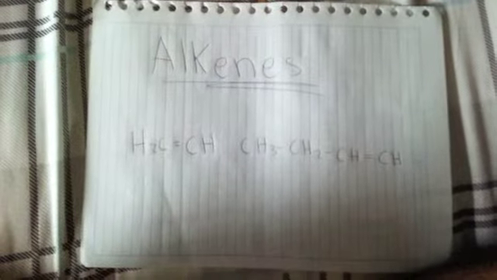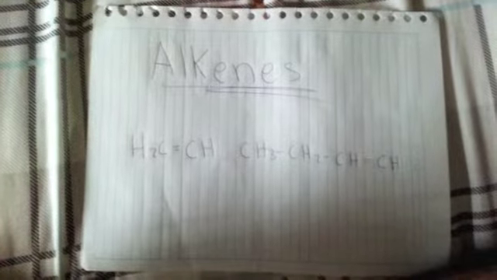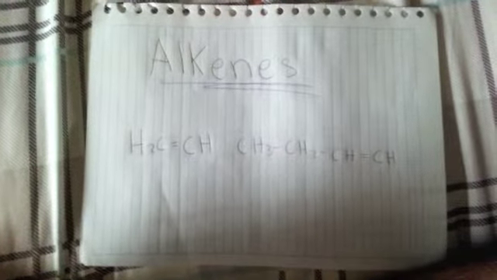Alkenes are a family of hydrocarbons containing a carbon-carbon double bond. And these are 2 examples. The steps to name a hydrocarbon are: first, identify the longest chain of carbon atoms that contains the double bond. Name the longest chain as an alkane, then convert the suffix "ane" to "ene".